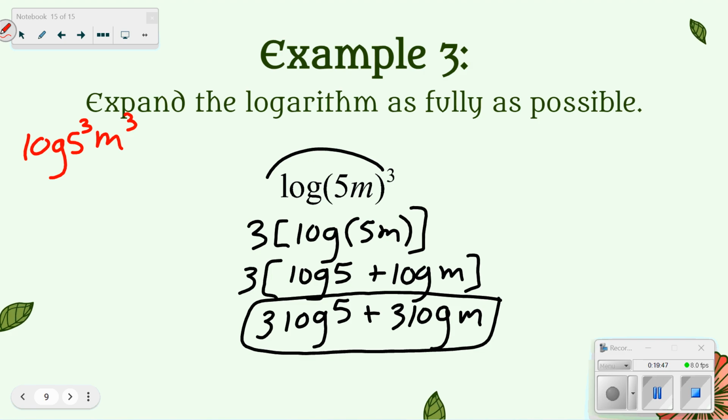So either way, you should have always simplified to 3 log of 5 plus 3 log of m in the end. Glad you asked, Evan. Somebody has definitely asked me that before.